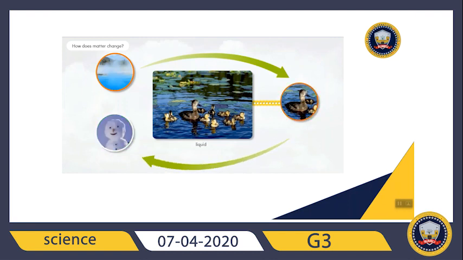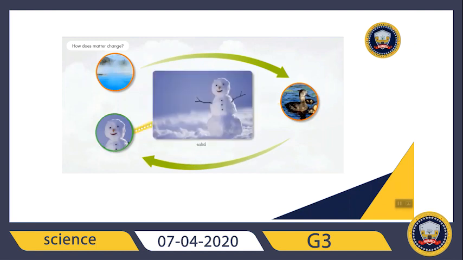And the next process is from liquid to solid. This is one state of water. Do you think that liquid water can change into a solid, guys? Of course it can change.